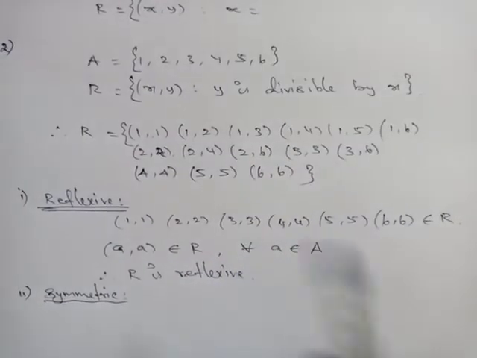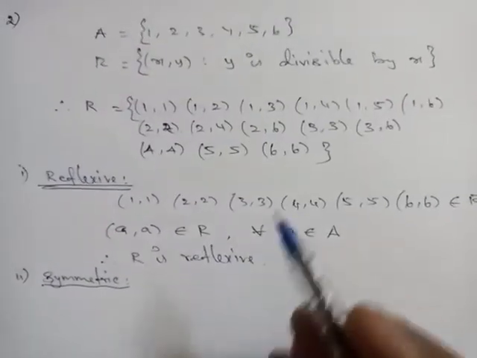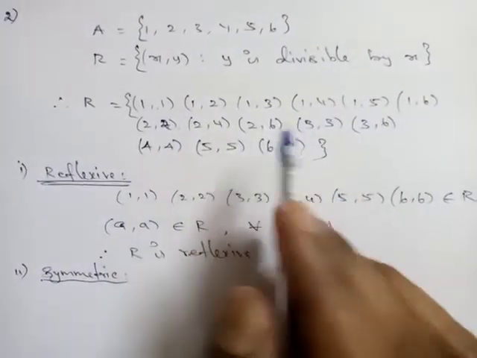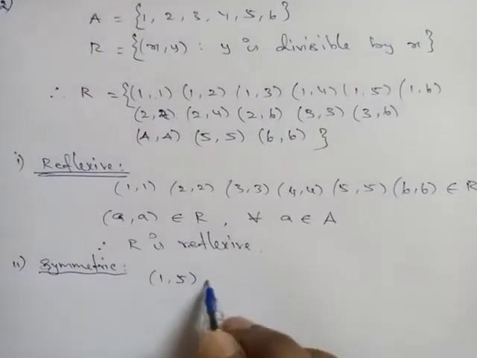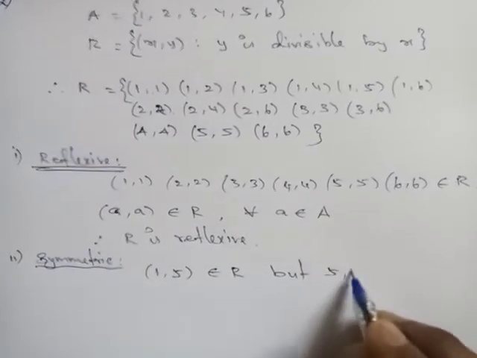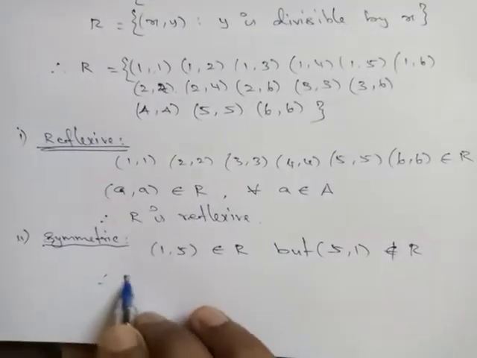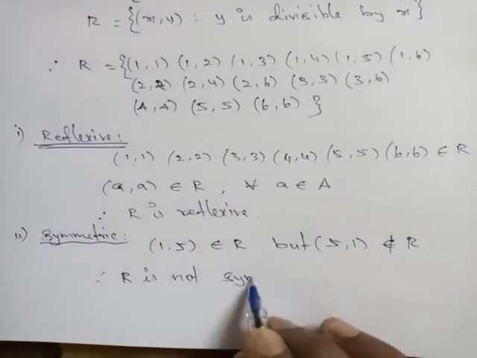So if any one element is missing, we can say this is not symmetric. So I am giving an example. I am choosing anything you can take. I am taking this one, (1, 5). (1, 5) belongs to R, but (5, 1) does not belong to R. Therefore R is not symmetric. That's all.